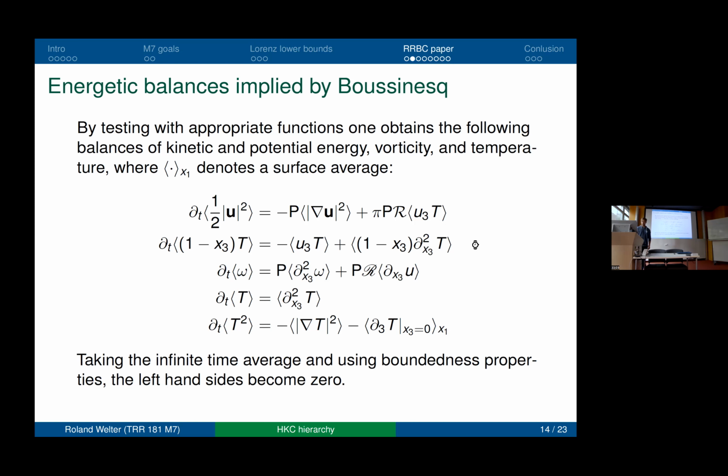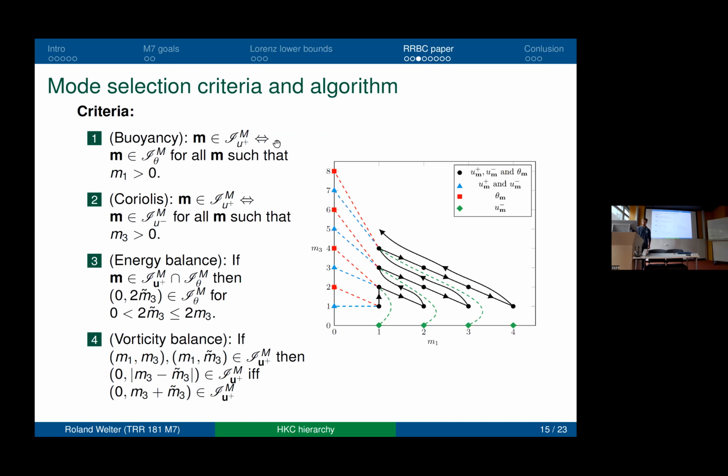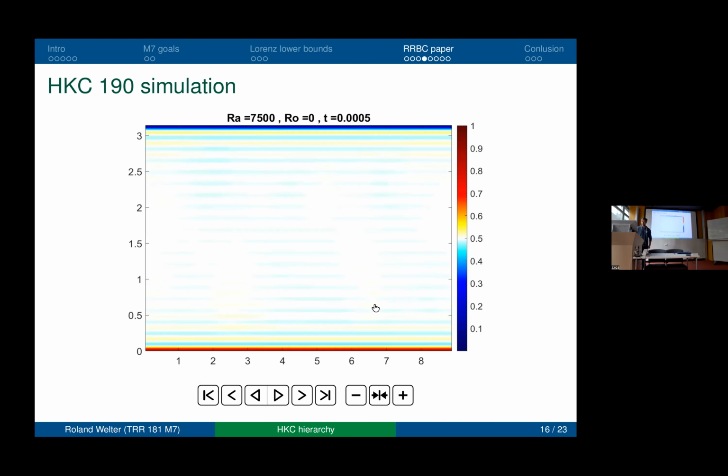So I, following some works of others, was able to develop some criteria that if your choice of Fourier modes satisfies these criteria, then in fact the ordinary differential equations do have this energetic consistency with the PDE. So this was how this hierarchy was made.